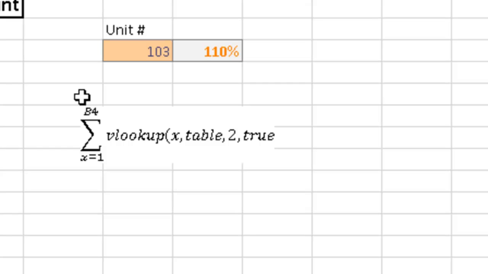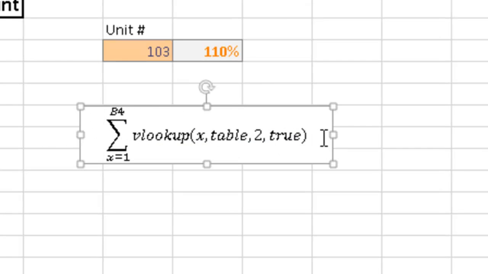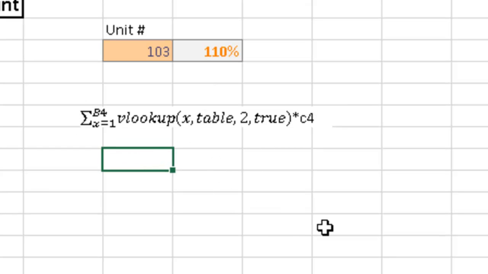From 1 to 400, do a VLOOKUP of that x into the table, get the second column, comma, TRUE, and then multiply that times C4, and the sum of all of those will come up with our answer, and it won't require a whole bunch of nested IF statements.